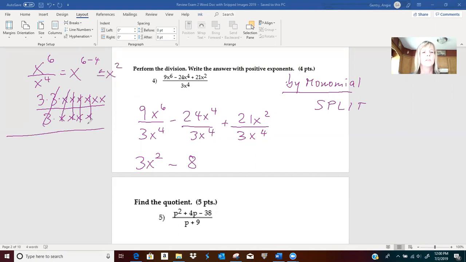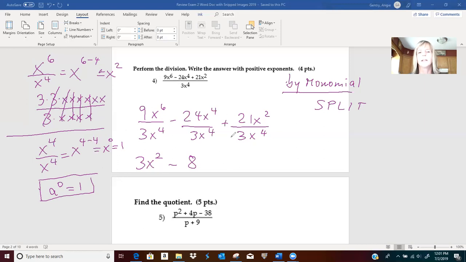I like the canceling better, especially if the exponent in the bottom is bigger. So x to the 4th over x to the 4th, if you like using the quotient rule, is x to the 4 minus 4, which is x to the 0, and x to the 0 is always 1. You guys may not know this necessarily, but anything to the 0 power is 1, okay? So it disappears. 8 times 1 is 8.